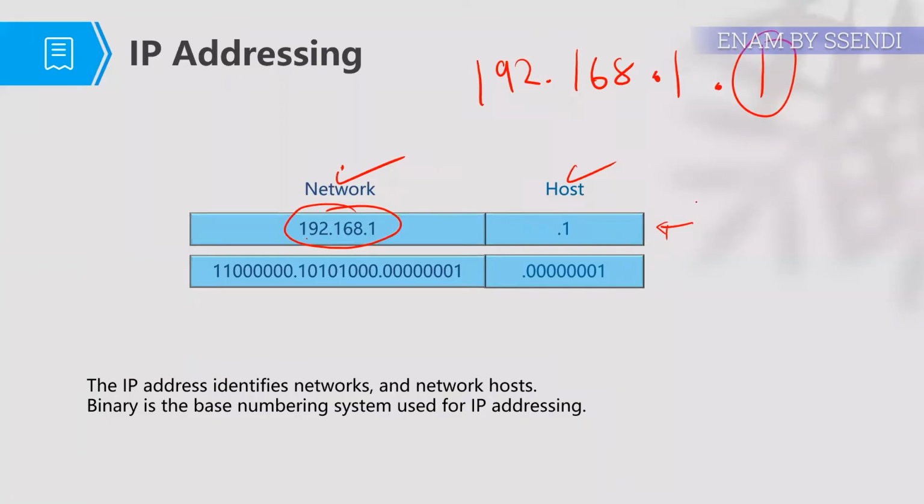Class C. And class C has how many network bits? It has 24 network bits. And how many host bits? 8 host bits.